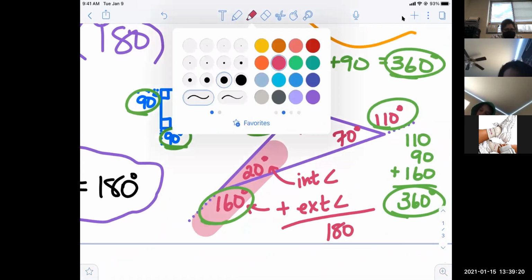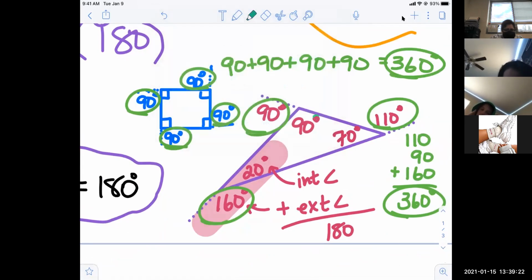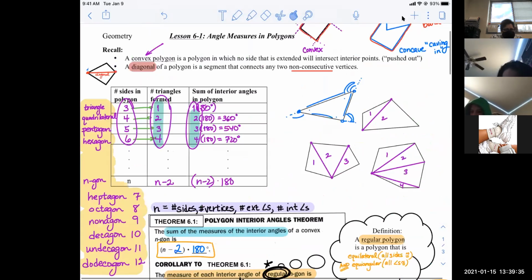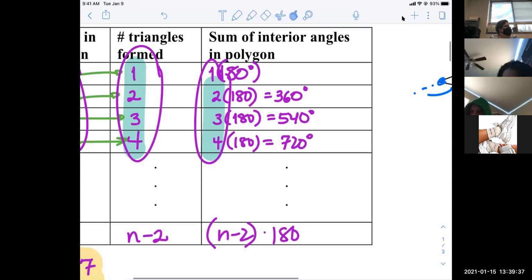That's for any shape. That's why the exterior angles are so much easier to think about than the interior angles. In every convex polygon, the exterior angles will add to 360. So instead of having to figure out how it's going to change every time, like you do with the interior angles: as the number of sides increases, what happens to the sum of the interior angles?